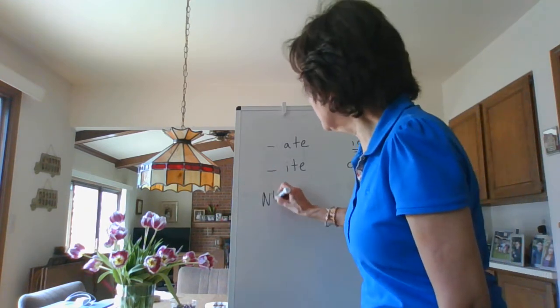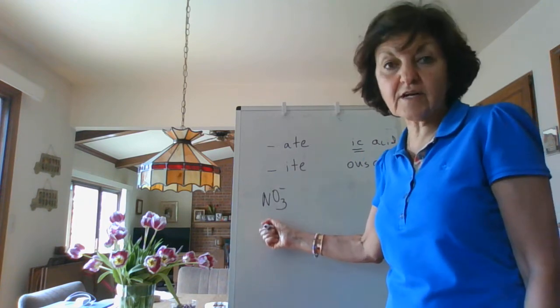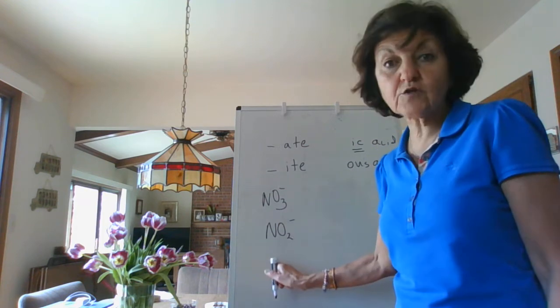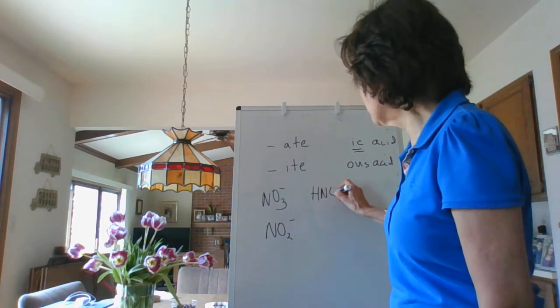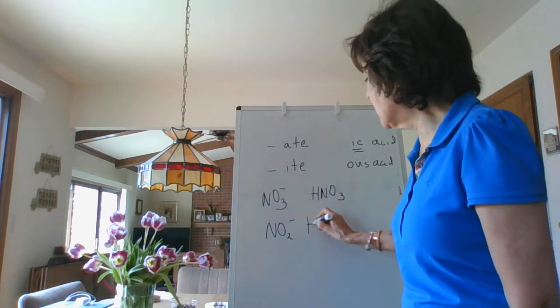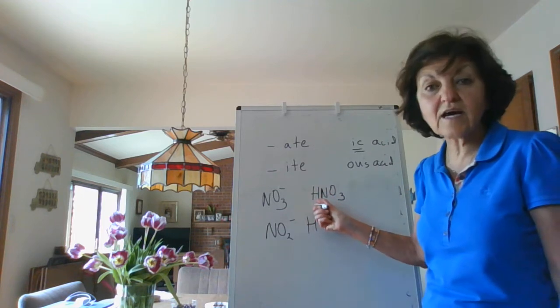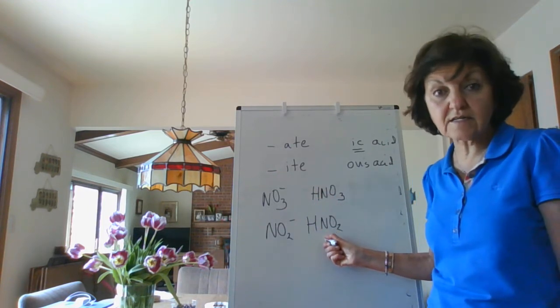Well, let's say I've got this guy. Recognize that this is nitrate, and this one over here is nitrite. So if I put HNO3, and this would be HNO2, this one is nitric acid, and this one is nitrous acid.